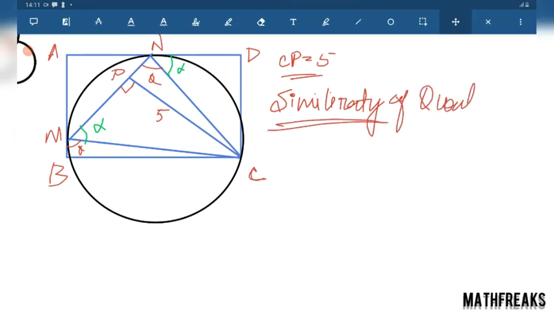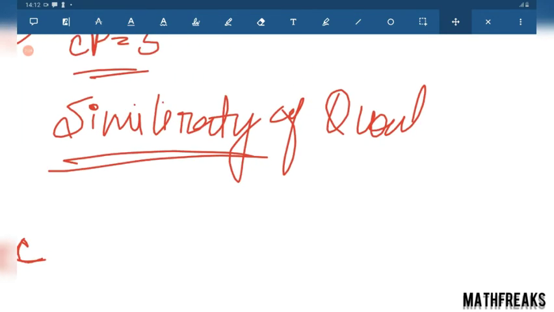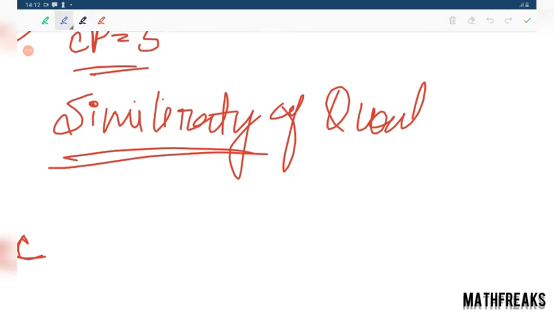Now sometimes some people are quite confused when this similarity of quadrilaterals is intermixed. That is part of non-routine mathematics. Like similarity of quadrilaterals, we have seen triangle inequality. We all know triangle inequality.